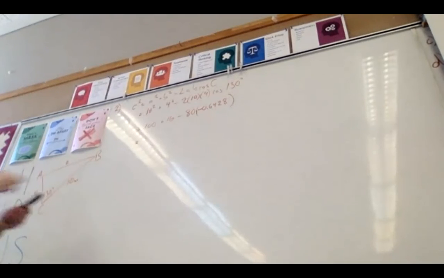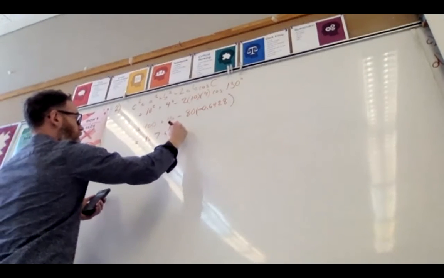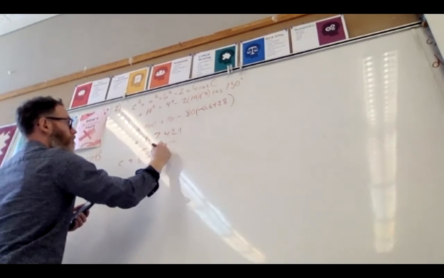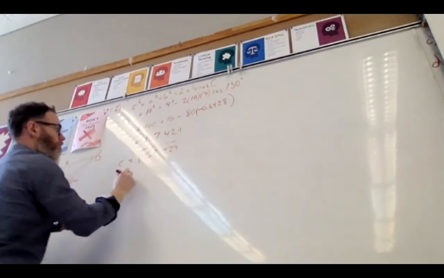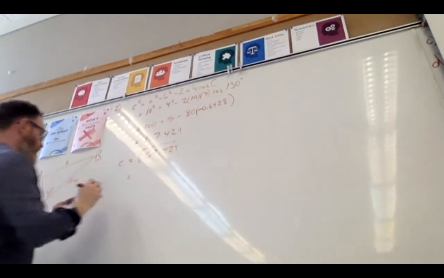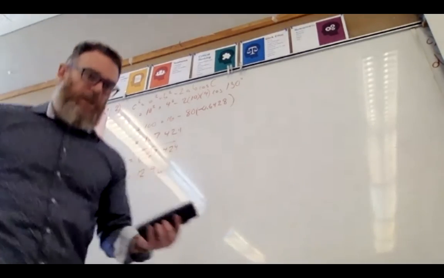I don't punch in negatives because negative times negative is going to be positive anyway. So it's 100 plus 16 plus 51, 167.424. C equals the root of that, 12.9. 12.9 meters.